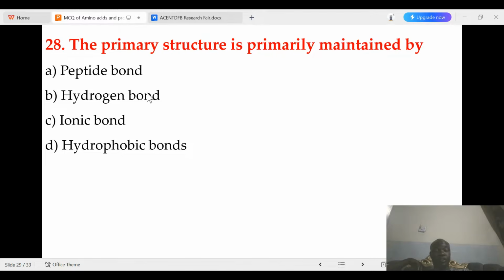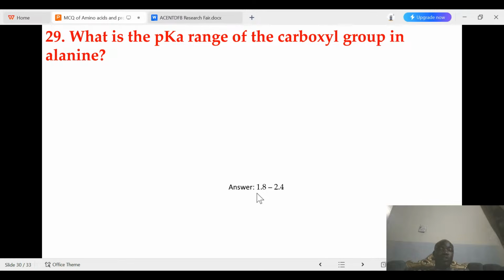So let's move to question 29. The answer to the previous one is peptide bond. Question 29: what is the pKa range of the carboxylic group in alanine? A, 3.5 to 4.0, B, 8.8 to 11.0, C, 5.0 to 7.0, D, 1.8 to 2.4.